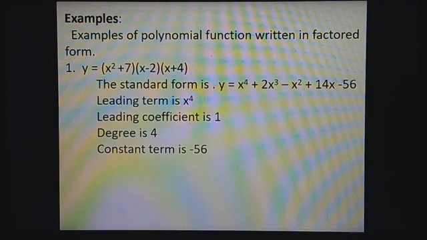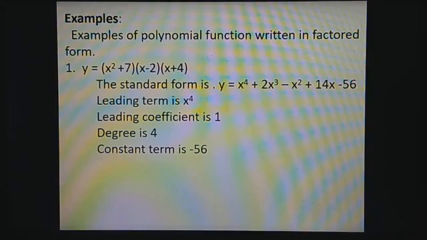Sa third factor, we have positive 4. So, kung imumultiply natin si 7, si negative 2, at si positive 4, ang sagot natin dyan ay negative 56 because 7 times 2 is 14, 14 times 4 is 56. Why negative? Because positive times negative times positive is negative. That's why our constant term is negative 56.